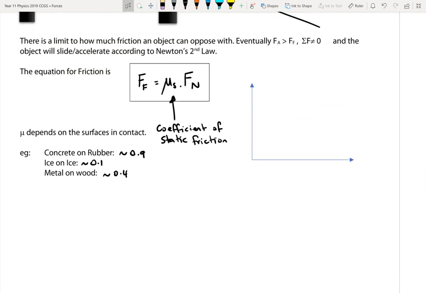Here's the thing: it's dimensionless, because have a look. Your normal force is measured in newtons, and your friction force is measured in newtons. So if I did a bit of rearranging, force of friction divided by the normal force, it's dimensionless.